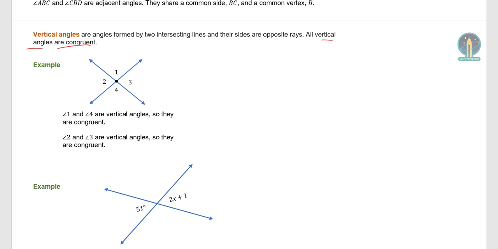So here, if we have two lines that are intersecting, we automatically know that angles 1 and 4 are equal, and angles 2 and 3 are equal. It makes calculations much easier, and it's a very strong clue to help you solve problems. So again, angle 1 and angle 4 are vertical angles, so they are congruent. Angle 2 and angle 3 are vertical angles, so they are congruent.